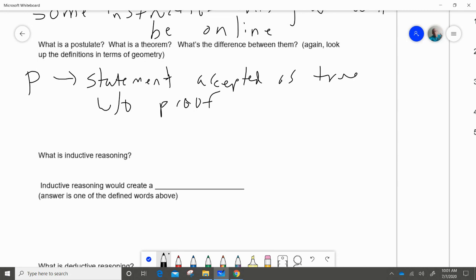We accept that to be true. Hopefully nobody goes to the top of a skyscraper and jumps off to try to prove whether that statement's true or false. I think all of us would agree that if you jump off the top of a high building, you're going to die. We just accept that as being true, but we don't want to go prove it because you'd most likely kill yourself. So that's what a postulate is.